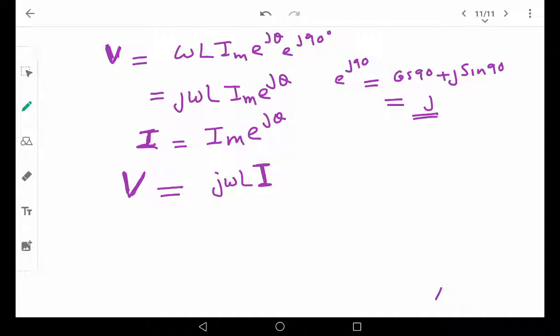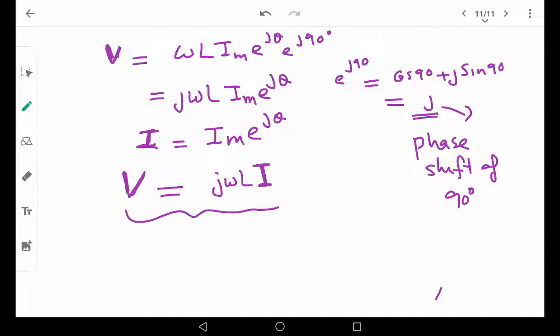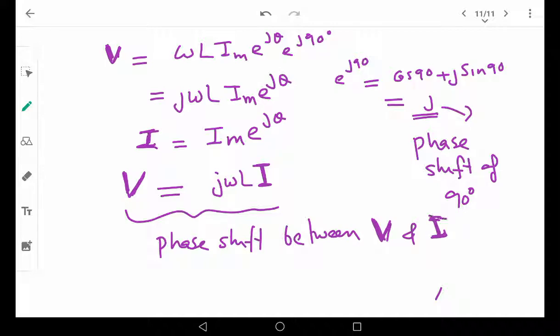So there is this j term, as you can see here. This j term corresponds to a phase shift of 90 degree between V and I. That's very important for understanding the inductance, right?